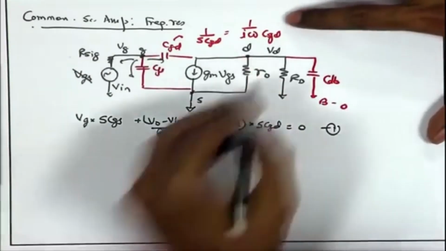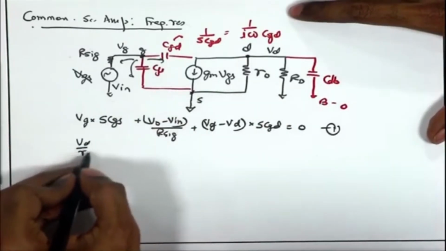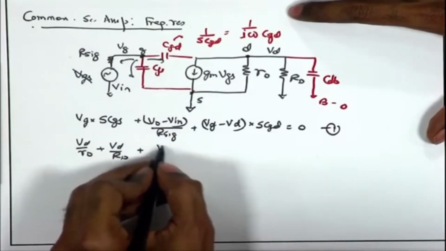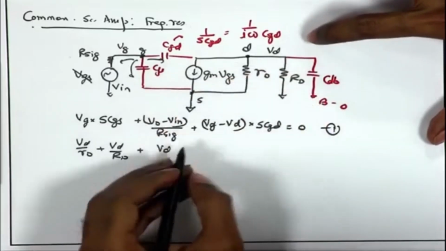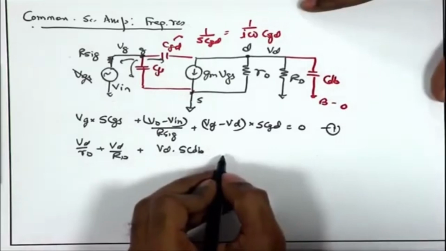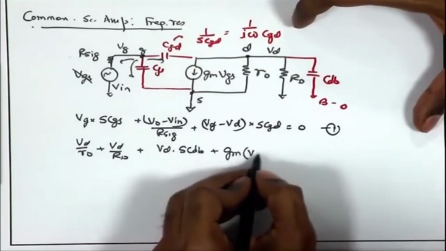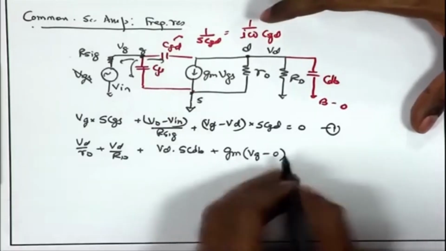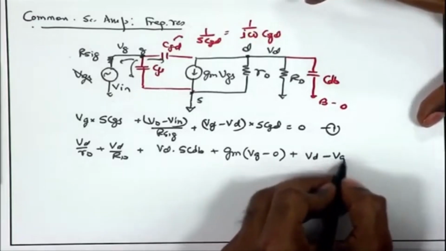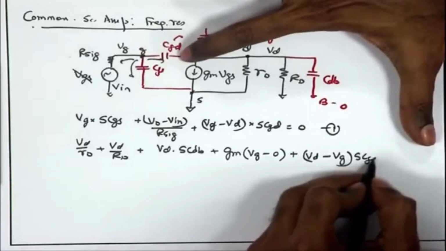Likewise, I can write down the equation at the drain node. So, Vd upon Ro plus Vd upon Rd plus Vd times SCdB plus gm VGS, which is once again Vg minus 0, and then the last component, Vd minus Vg upon 1 upon SCGD, so (Vd minus Vg) times SCGD.